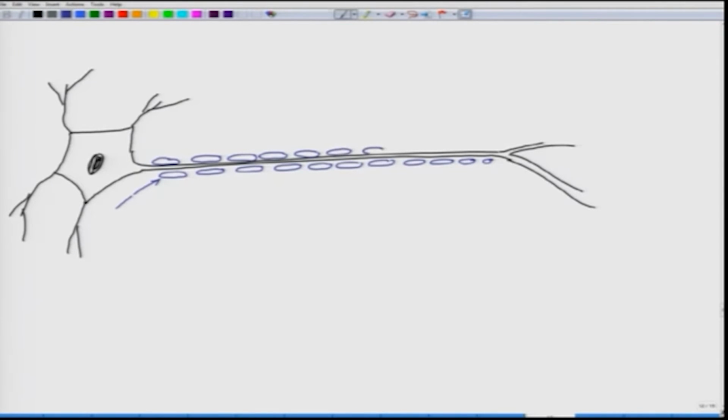Then there is a second level of process which occurs. These cells divide. They start to divide like this. And interestingly, some of these cells post division go underneath the axon.